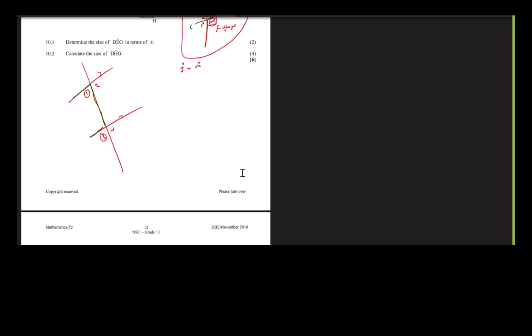It is between this line and this line. Which shape is produced? F shape. So these angles are what we call corresponding angles. It's very important to spot corresponding angles. They form an F shape.